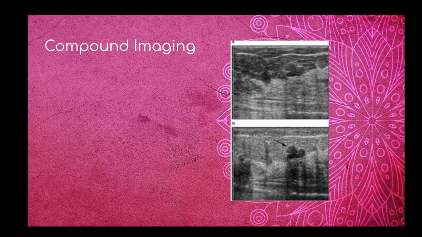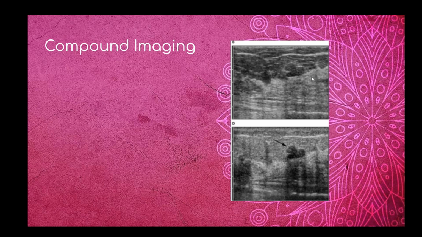But the whole idea, if you remember from physics, is that spatial compounding layers multiple pictures on top of one another, looks at those pictures, and displays what's consistent within them. So compound imaging gets rid of artifacts that we're seeing in the picture. It just clears up the picture and makes everything a little more homogeneous. Nothing really jumps out to us.